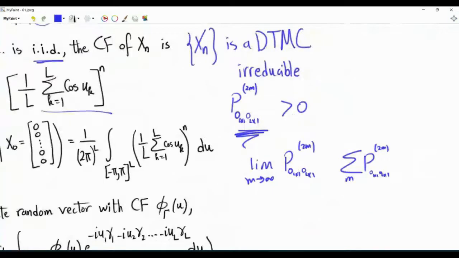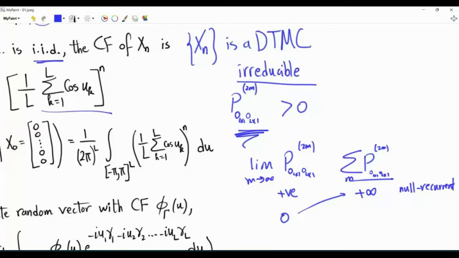Now, the possibilities are, if the limit is positive, then we have a positive recurrent state. And because the chain is irreducible, all states will be positive recurrent. If the limit is 0, then we have either null-recurrent states or transient states. In that case, we go to the sum. If the limit is equal to 0 and the sum is plus infinity, then we have null-recurrent states.